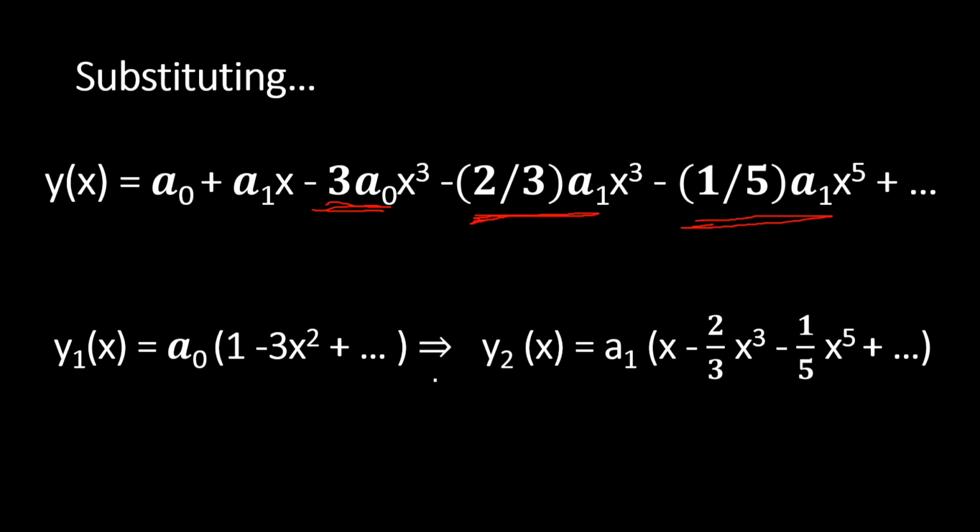So from this we try to put this together. Those that have a0, this and this, bring them together. What is common between these two is a0. If I bring a0 out as the subject of the formula, what am I left with?